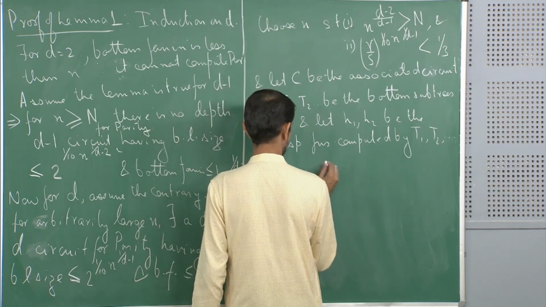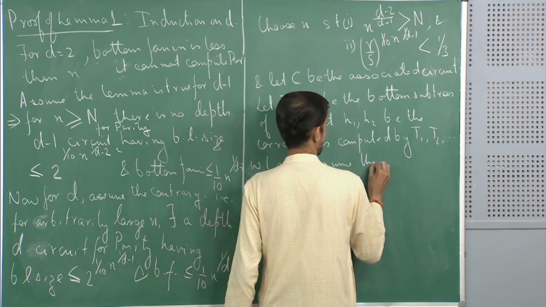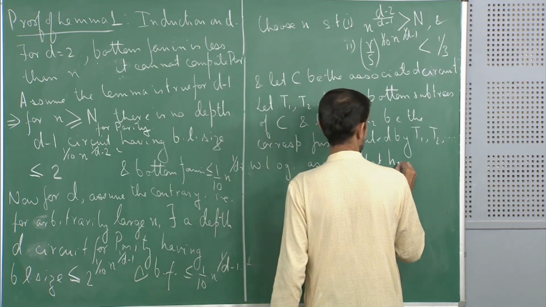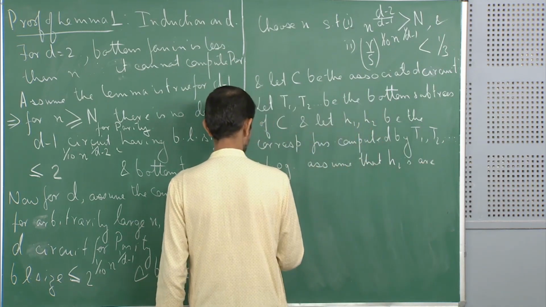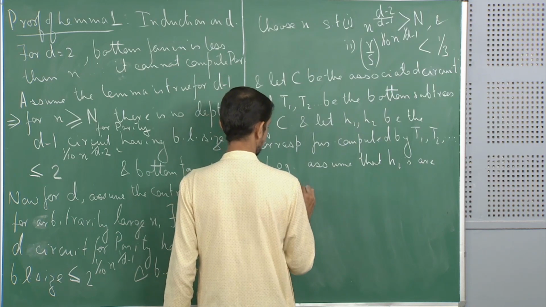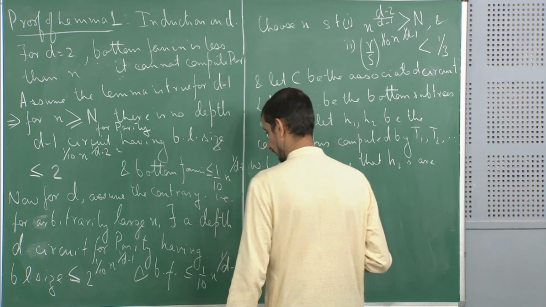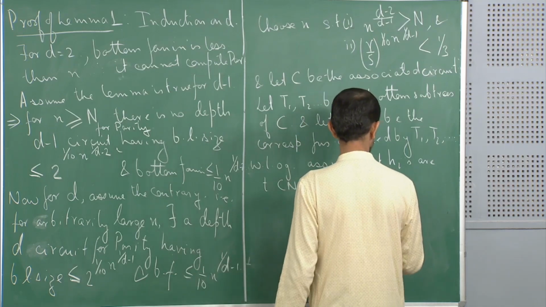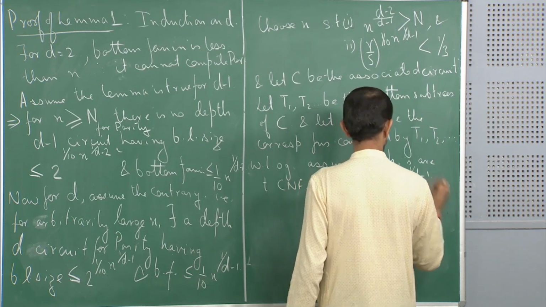Without loss of generality, assume that the Hi's are t-CNFs for t equal to this bottom fan-in, which is 1/10 n to the power 1 over D minus 1.